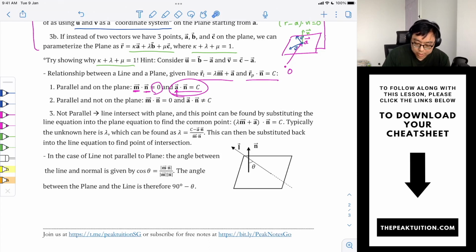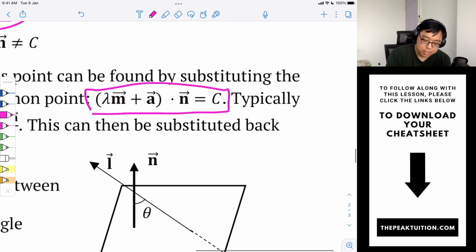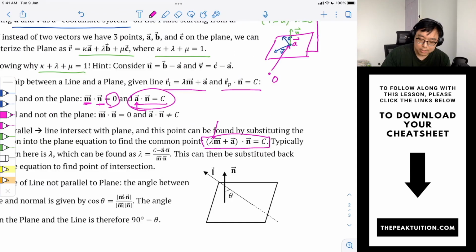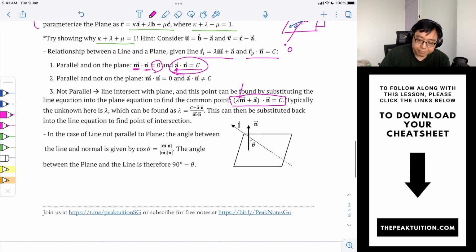substituting the line equation into the plane equation to find the common point, which is shown here. Again, there are some unknowns. The main unknown will be this lambda here, and you can find lambda by calculating this. It's simply a dot product divided by a dot product.